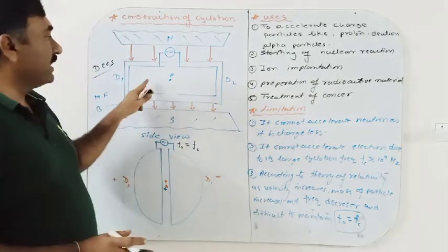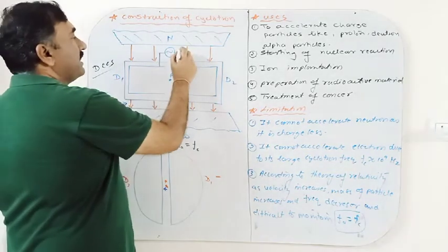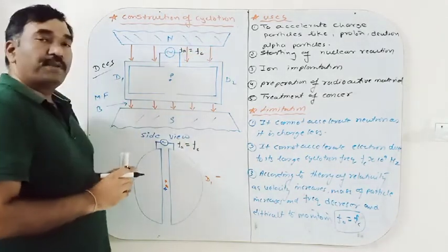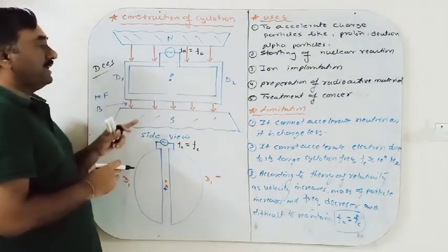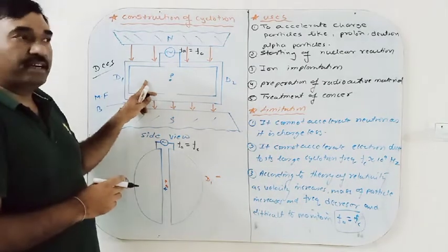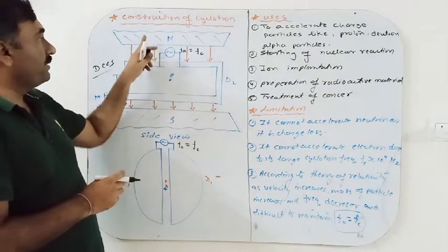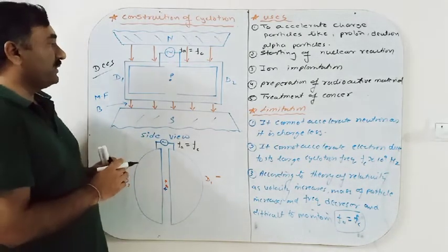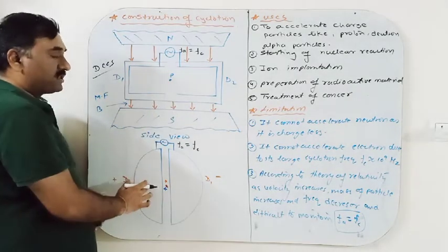So therefore we use an evacuated chamber, and it is connected to a very high frequency oscillator which is maintained at the frequency of the cyclotron. This entire arrangement is placed in a uniform magnetic field between the two poles of a magnet. It is very clear from the figure: at any instant of time, this is the side view and this is the top view.